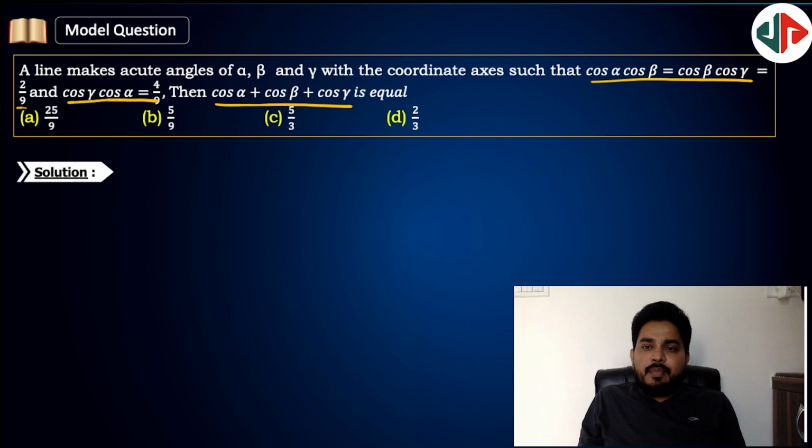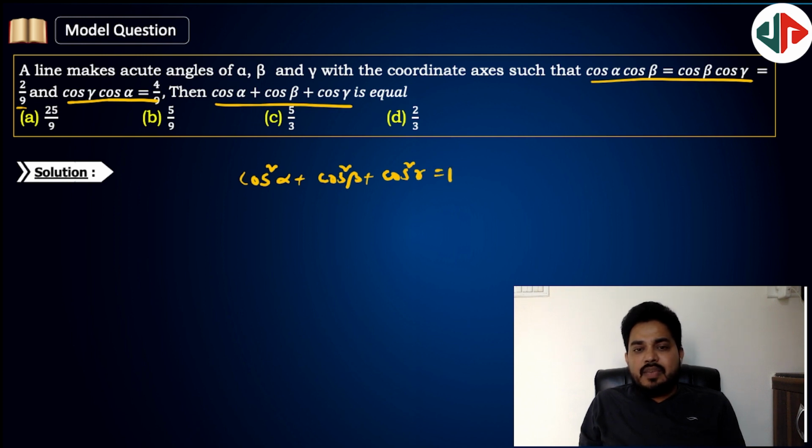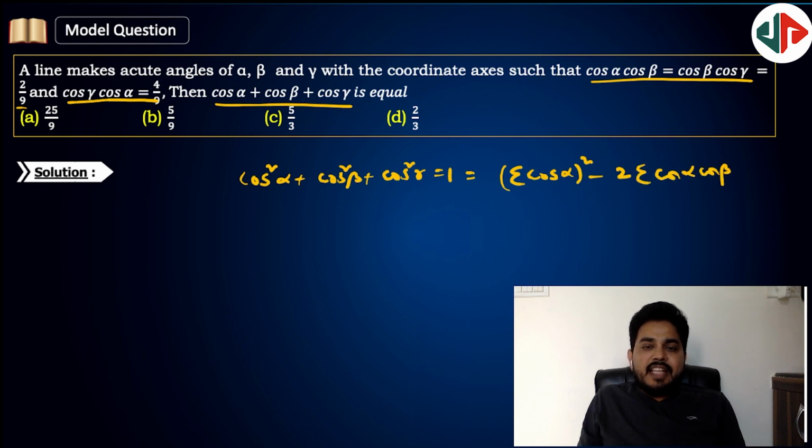So what is the property we have is cos square alpha plus cos square beta plus cos square gamma is equal to 1. So a square plus b square plus c square can be represented as sigma cos alpha whole square minus 2 times of sigma cos alpha cos beta. As per that, 1 is equal, I need this one.